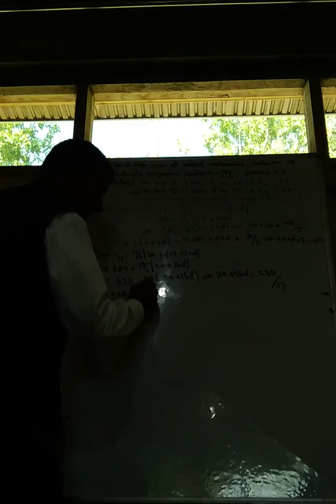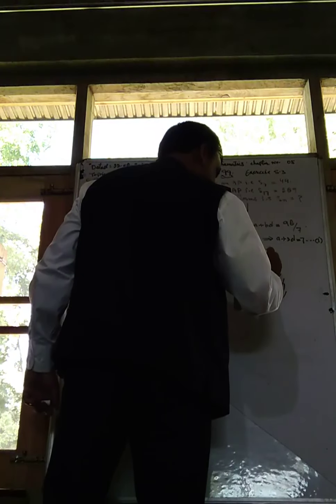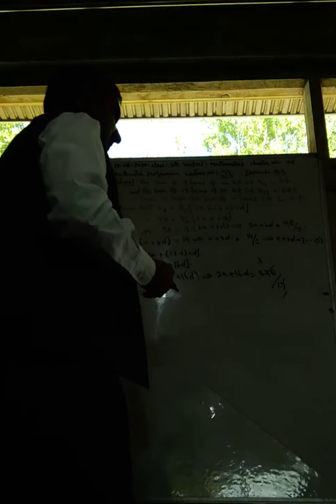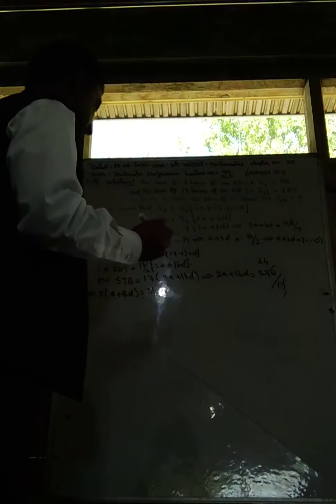Which implies 2 into (a plus 8d) is equal to 34. 17 ones are 17, 17 threes are 51, 6 remain here, 17 fours are 68.